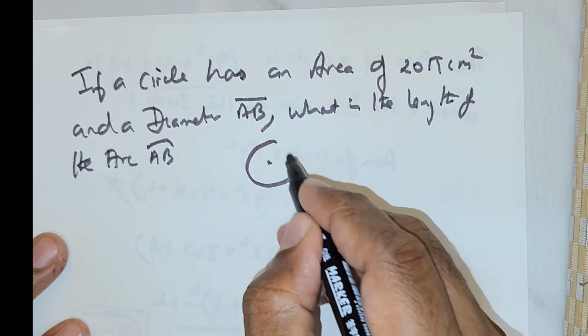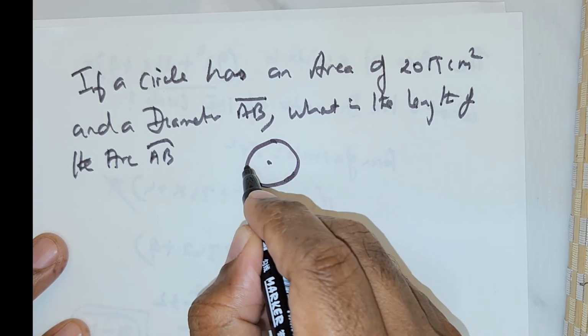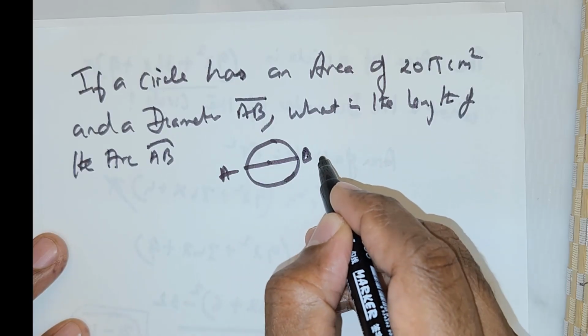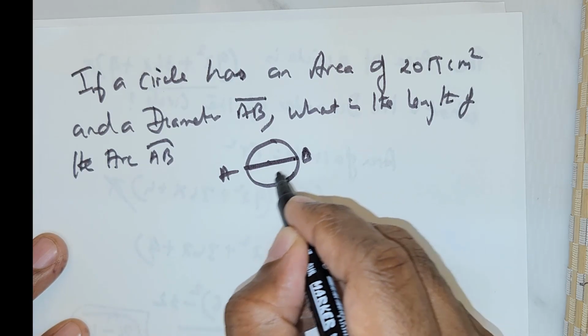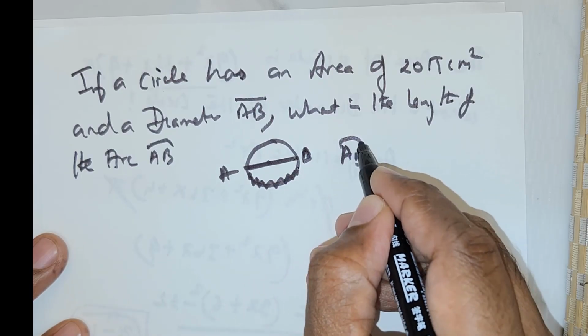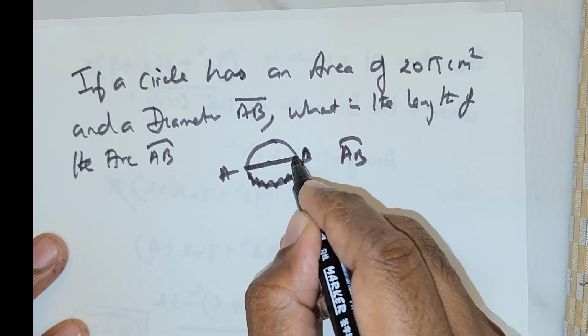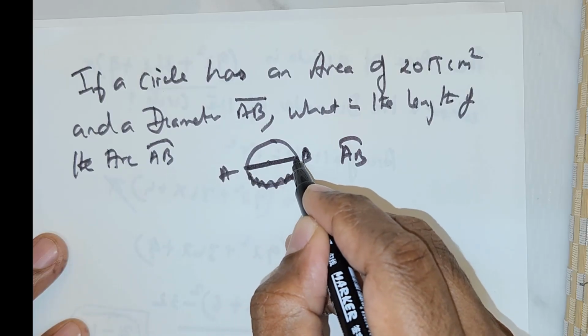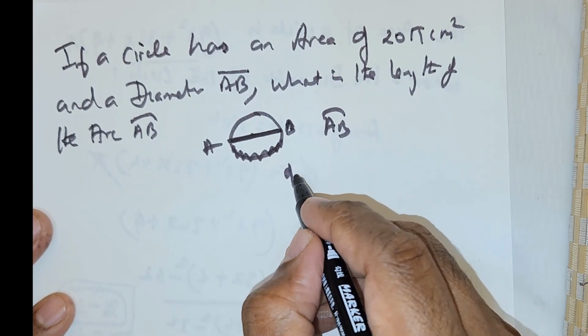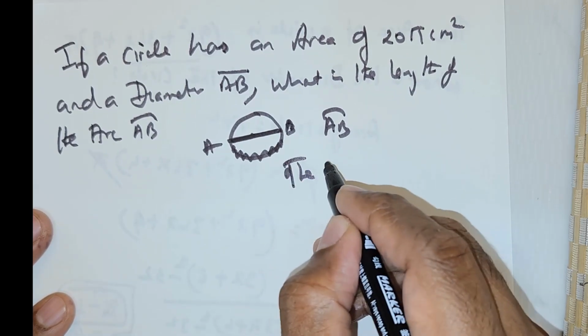Now this is the circle. Imagine this is a circle and AB is the diameter, right? This line is the diameter, but you have this arc AB. Now this diameter is actually subtending an arc of 180 degrees.